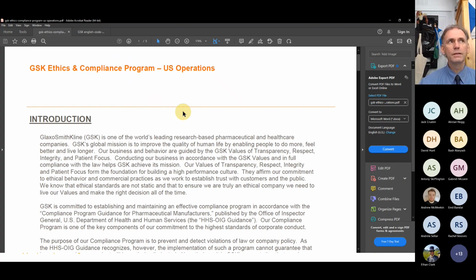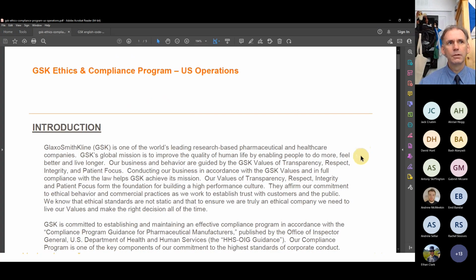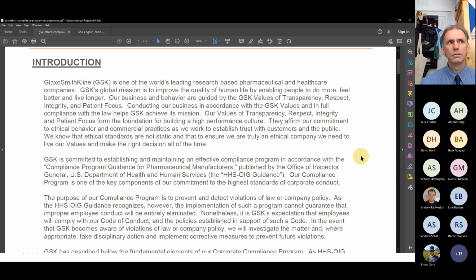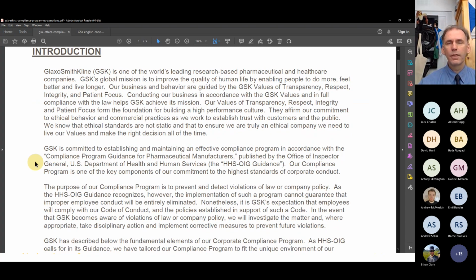And to go along with that, they have an ethics and compliance program that conforms to their industry's standard practice, the Compliance Program Guidance for Pharmaceutical Manufacturers, which is a US document.